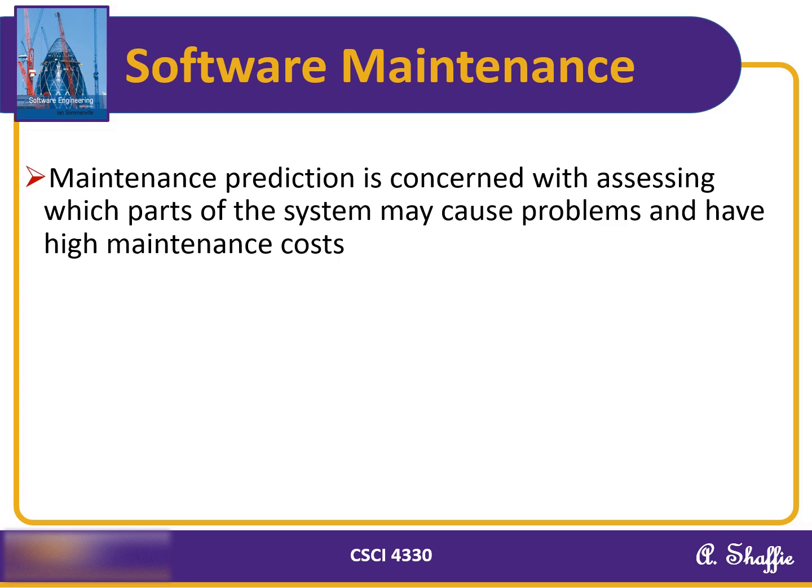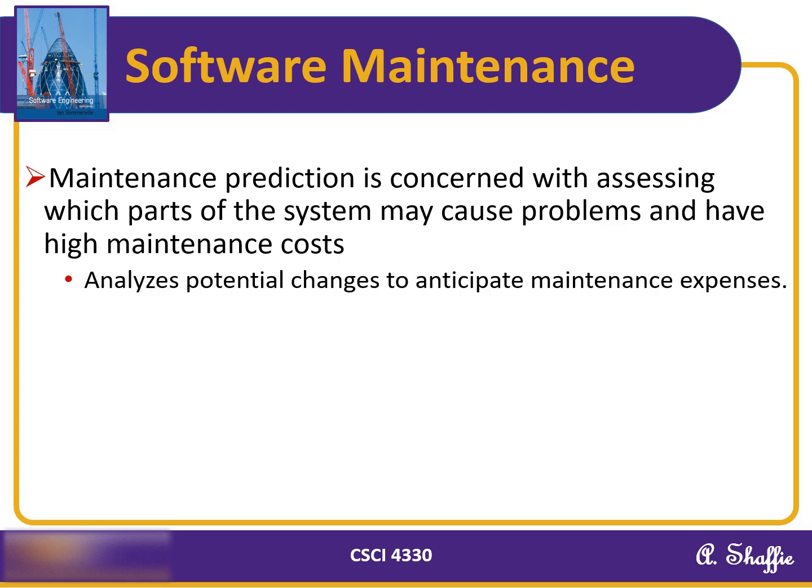Now let's talk about the concept of maintenance prediction and why it is so important in software development. Maintenance prediction focuses on analyzing a system to identify which parts might cause problems and lead to high maintenance costs. It's about understanding where challenges are likely to arise when changes are made.